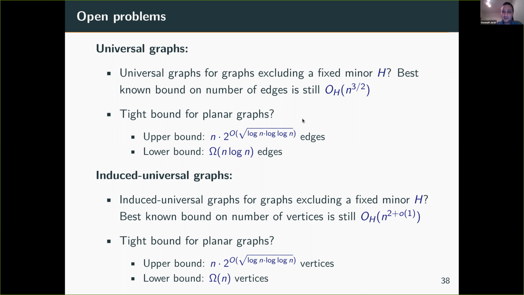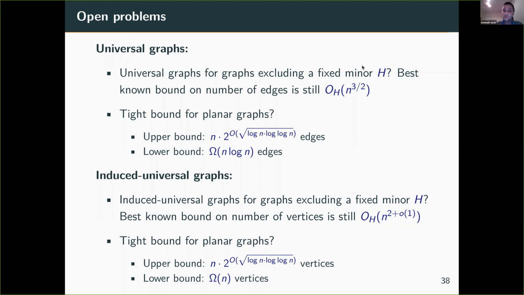We know exactly when we have a product structure theorem. When you forbid a fixed graph H as a minor, if H is an apex graph, so there is a vertex you can remove so that you get a planar graph from H, then if you forbid H, there is a product structure theorem. If H is not apex, then the graphs you get by forbidding H as a minor simply don't satisfy a product structure theorem.